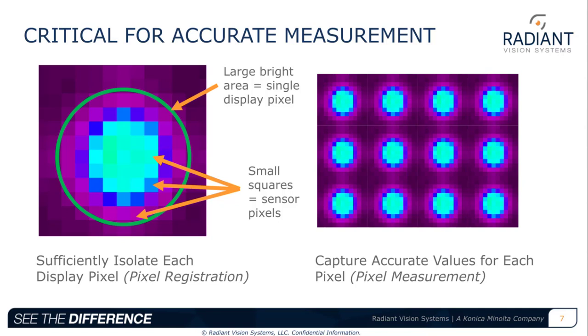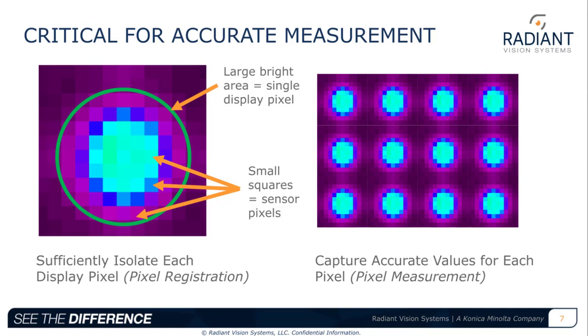In this example, you can see a circle representing the display pixel that has a diameter of approximately 10 sensor pixels. The region of interest is the green circle around the bright blue area. And of course, on the right side, you see that you have many pixels measured at one time.